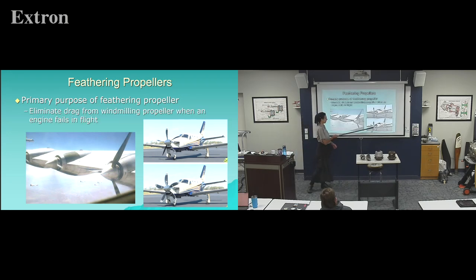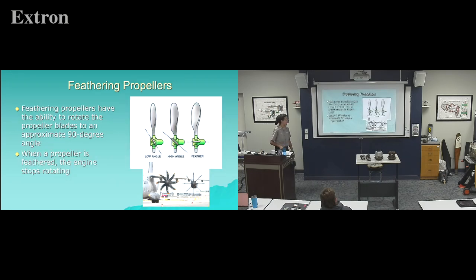So here we have full low pitch, there we have feather, and feathering propellers have the ability to rotate to approximately a 90-degree angle. And when our blade turns to that almost 90-degree angle, now we have a ton of drag and our engine will eventually stop rotating. And that's a cool picture too.